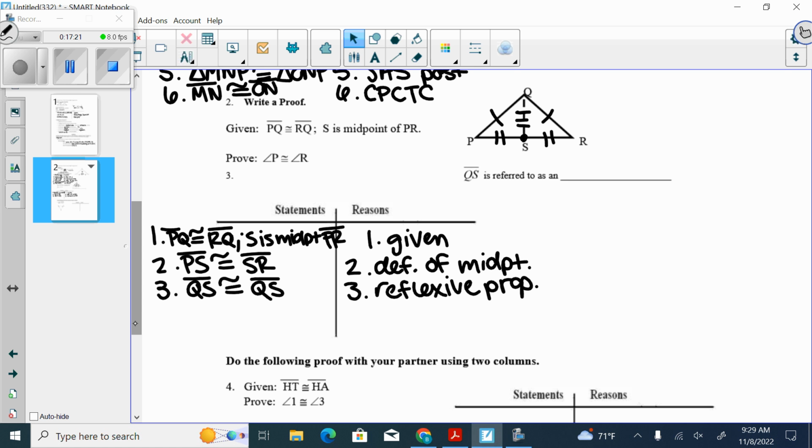So you guys said that that would be enough to say that these two triangles are congruent, so now I'm going to make that statement. Triangle PQS is congruent to triangle, what would I name the other one? Good. And for what reason are they congruent? Good.